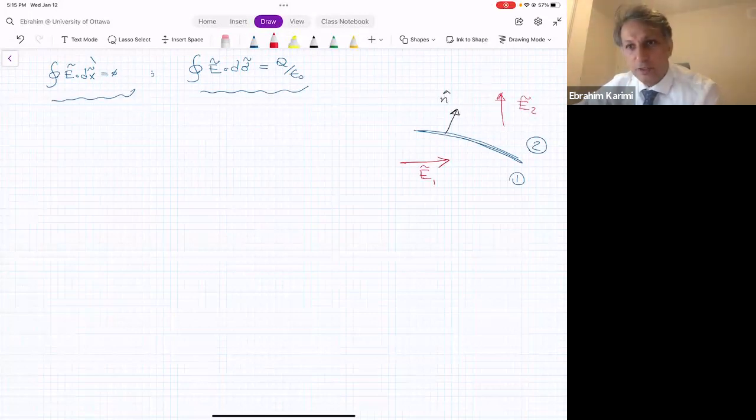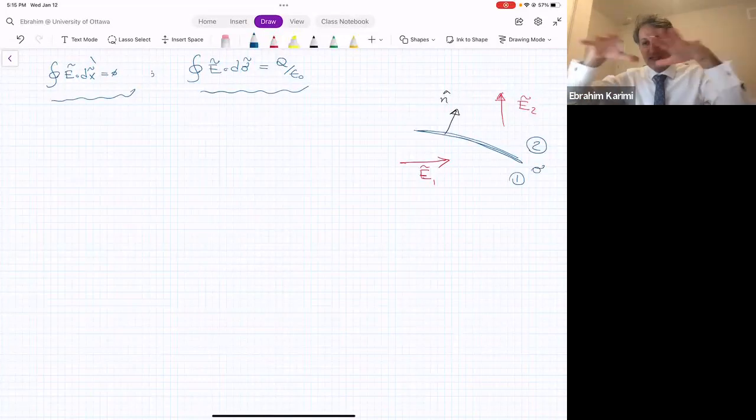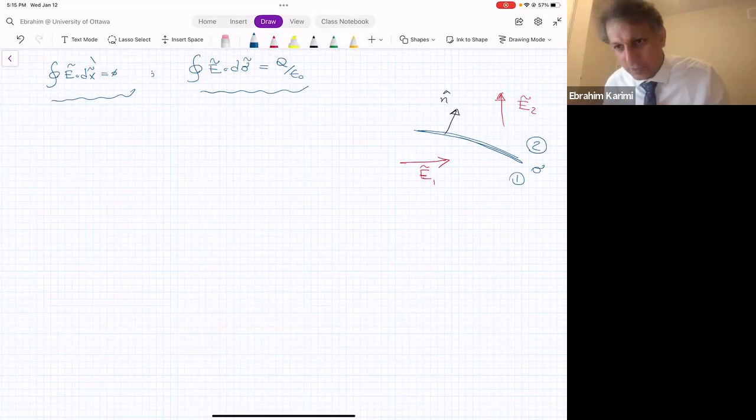I want to understand what's going on at the boundary with these electric fields. Assume that at the boundary you may or may not have charge. Let's go with the general situation: the boundary has a charge distribution sigma. Since the boundary is a surface, it is a surface charge distribution, so the charges will be on the surface, okay?